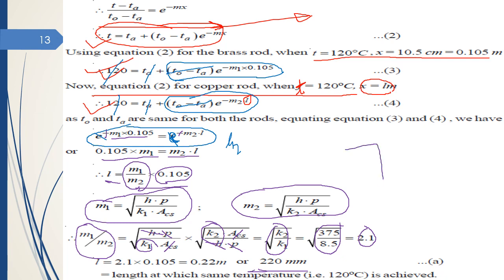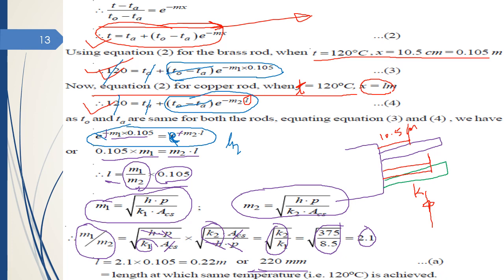So what we had discussed, you can say this is your brass rod, this is a copper rod. For brass rod, the temperature is achieved at 10.5 centimeter, but for copper definitely this distance is long, because thermal conductivity of copper is high, and because thermal conductivity is high, it is offering less resistance to the heat transfer, so heat can easily travel a long distance.